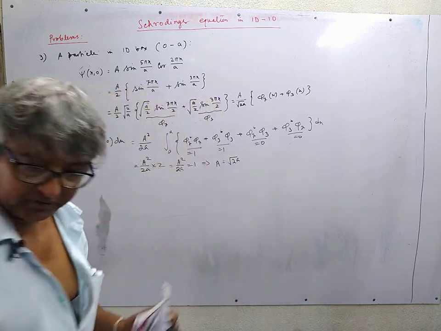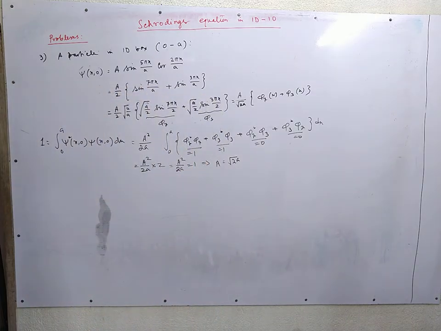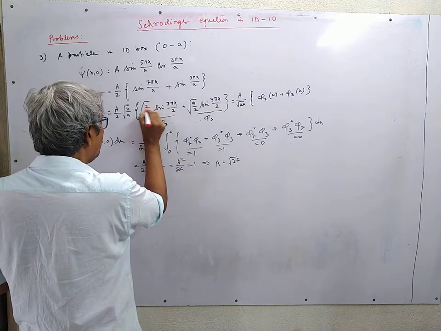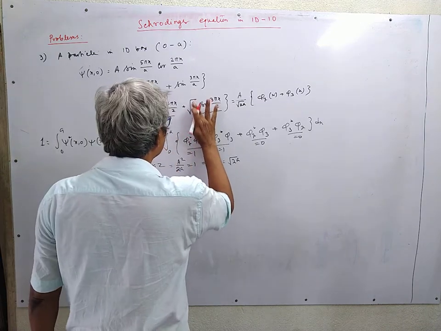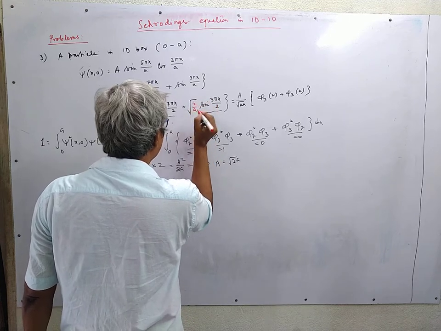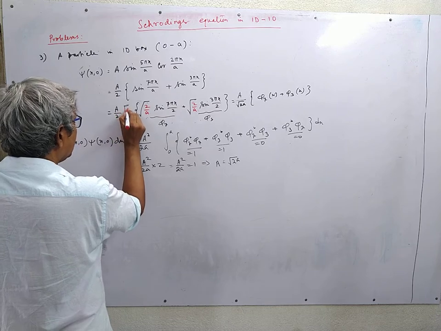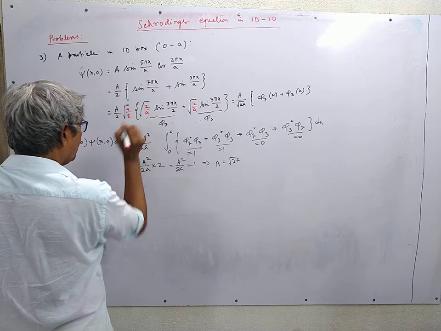Some mistake. Let me first find out. A very silly mistake has been done. This part should be 2 by a. This is root 2 by a. So the factor that has to be considered is a by root 2.